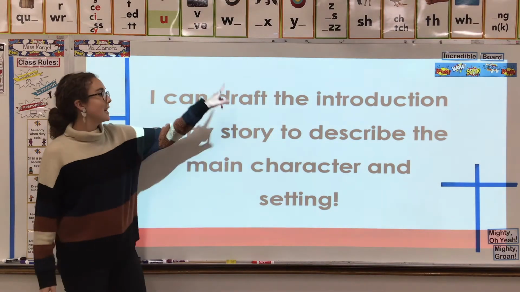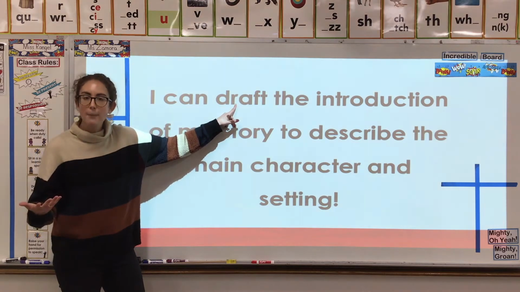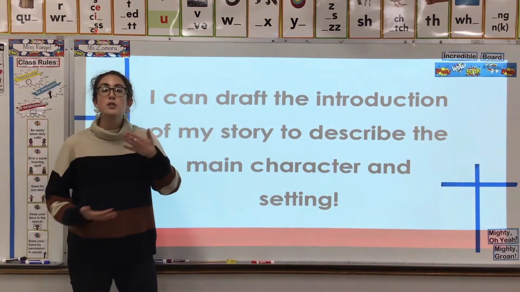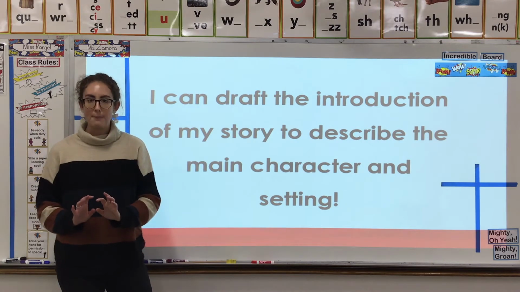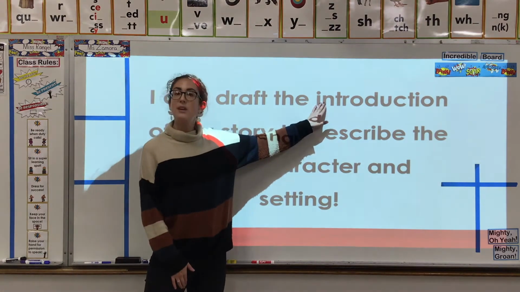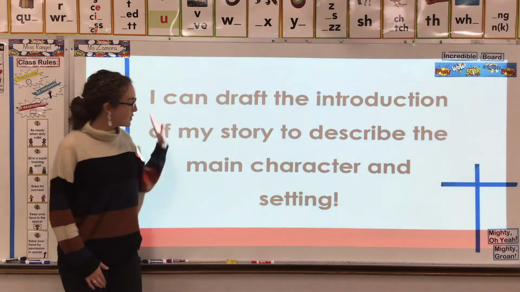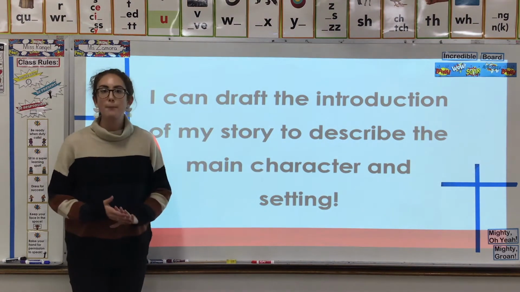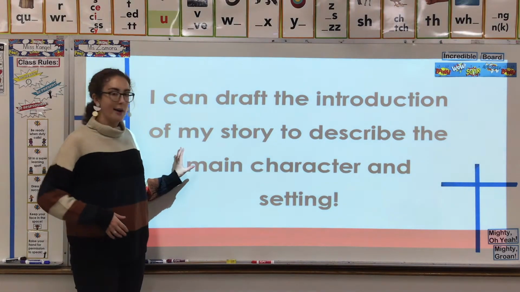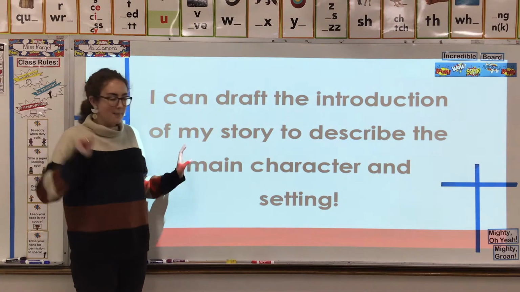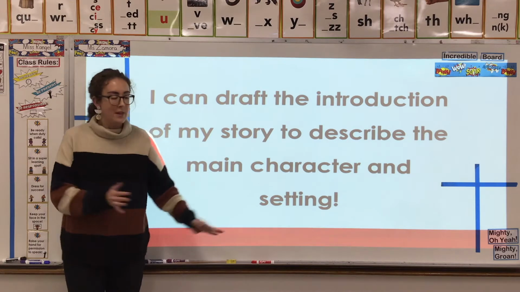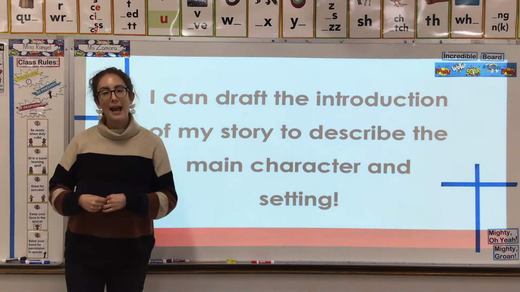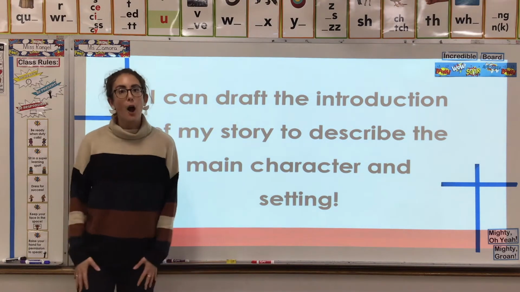So we are starting drafting, the next step in our writing process, where we're starting just for the first time to get our story down on paper. And we're starting with the introduction where we're going to meet two very important parts: the main character, who our story is about, and the setting, where the story takes place. These are super important aspects to start off our brand new story.